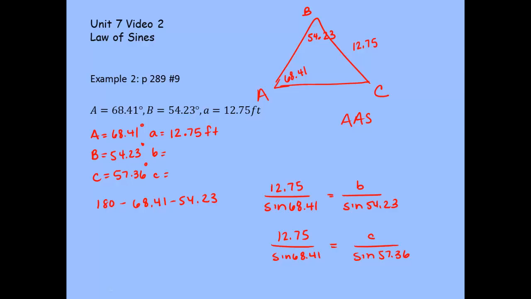Using cross multiplication, I will find both measurements. Go ahead and pause the video, come back, and check to see that you got the same values that I did. For little b, I got approximately 11.13 feet, and for little c, I got 11.55 feet.